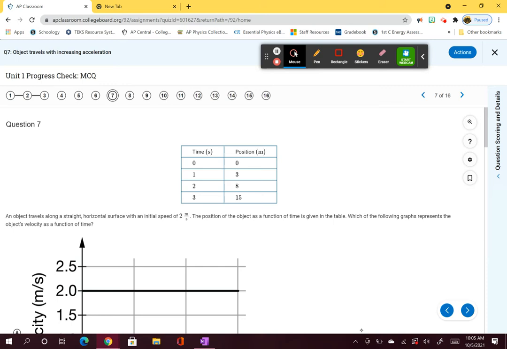Which of the following graphs represents the object's velocity as a function of time? So they give us the data table for position and time, but they're asking for velocity over time. And it also tells you that the initial speed is 2 meters per second.